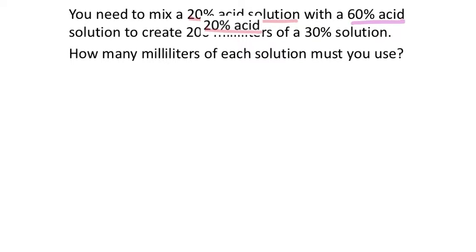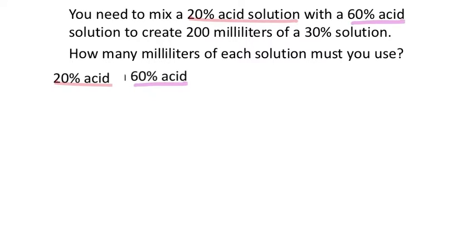To make the equations, I'm going to write the 20% acid and the 60% acid. Let's make that pretty. And then we have the final solution as well, which is the 30% solution.